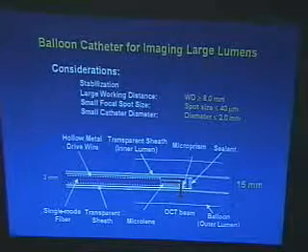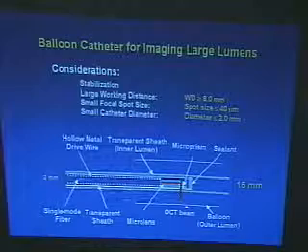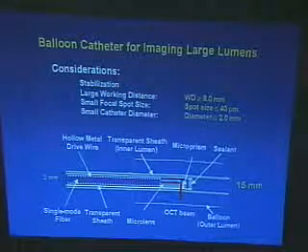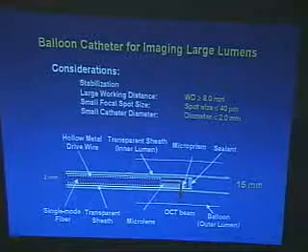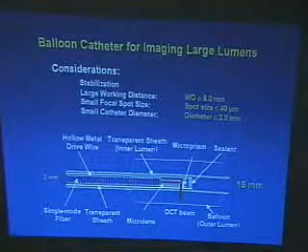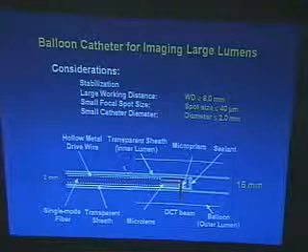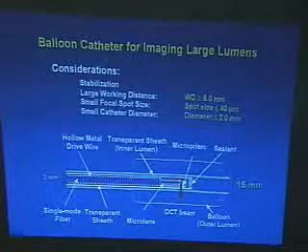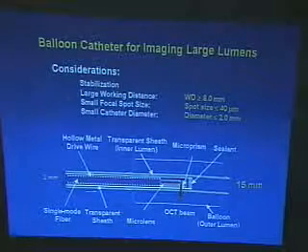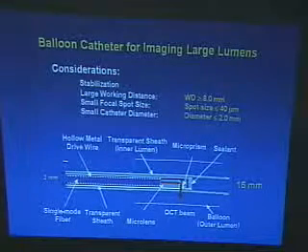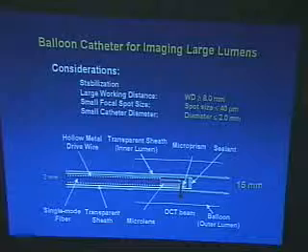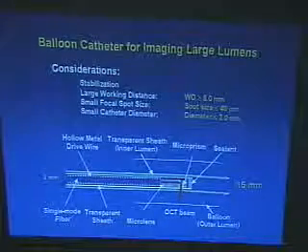But again, the challenge is, in order to see something far away with a small focal spot size to get a higher transverse resolution, you need the optics to be pretty big. But we cannot afford to have big optics here, otherwise the entire catheter cannot go through the accessory port of the endoscope. So the footprint we're targeting is about 2 millimeter or so. Then how are we going to resolve this issue?